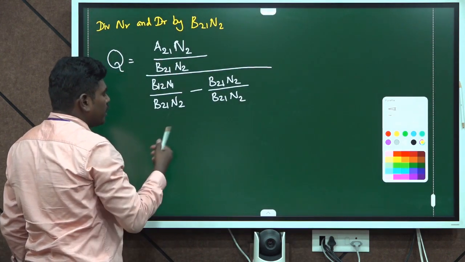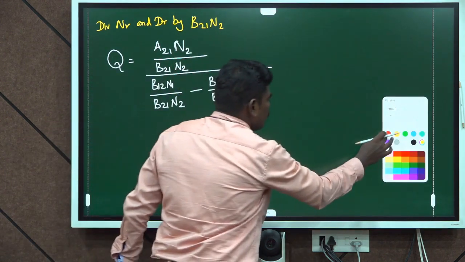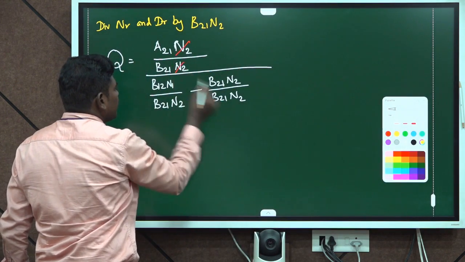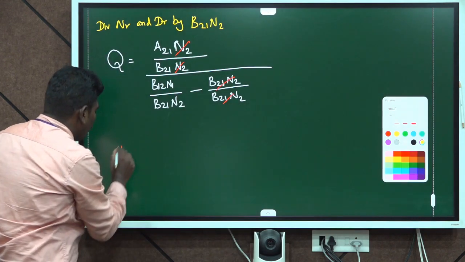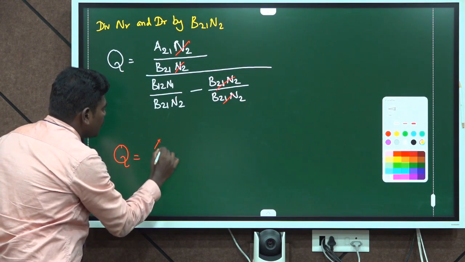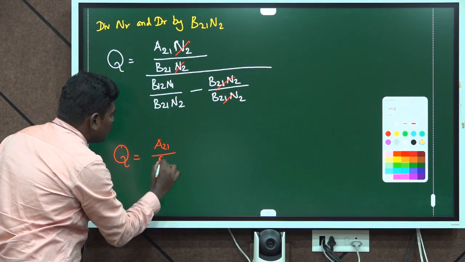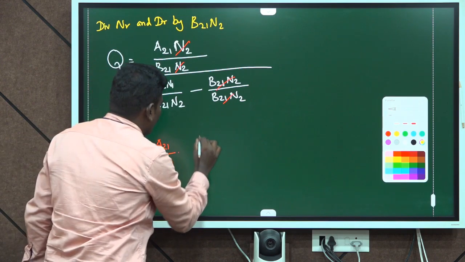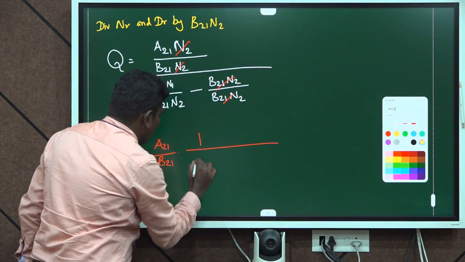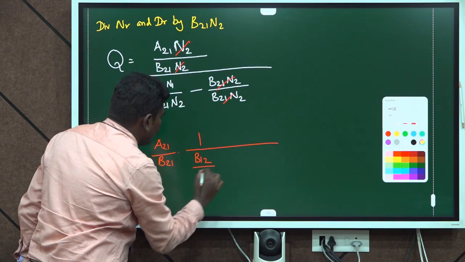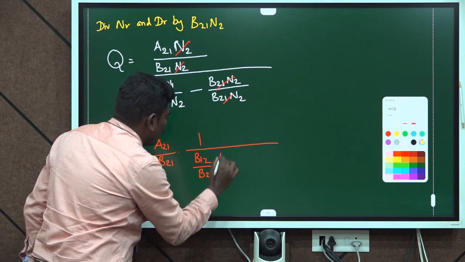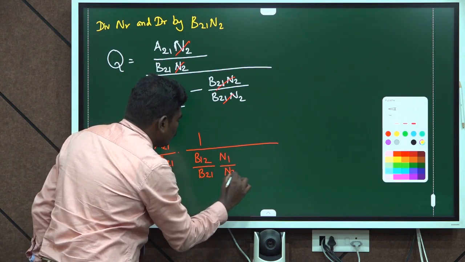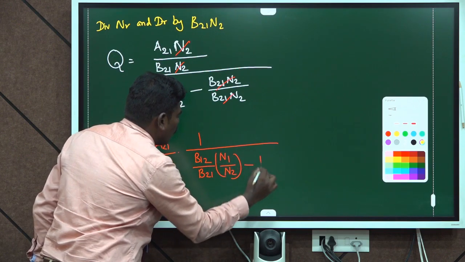So the common terms cancel with each other. N2 and N2 cancel, leaving 1. So Q equals A21 divided by B21, times 1 divided by B12 divided by B21 times N1 divided by N2, minus 1.